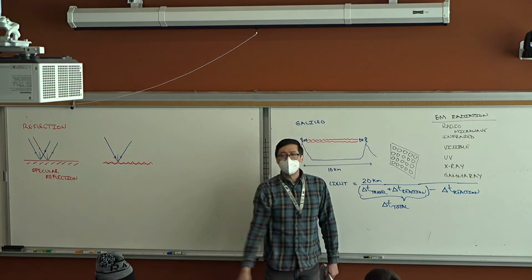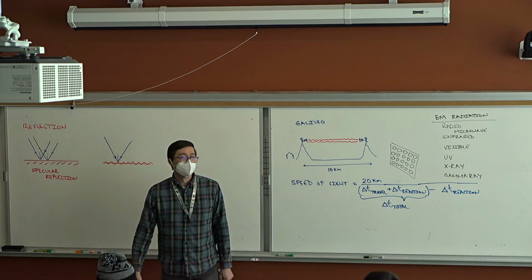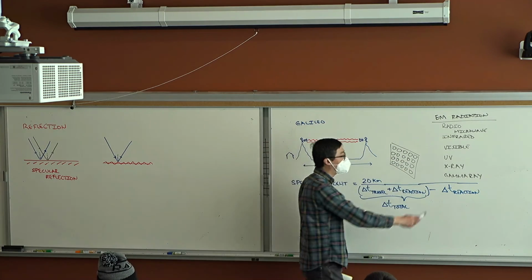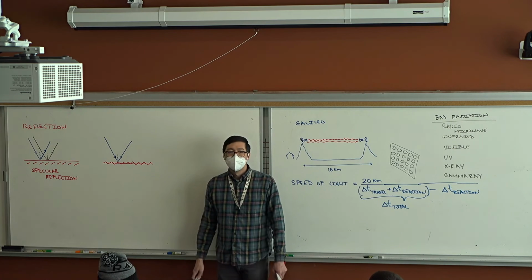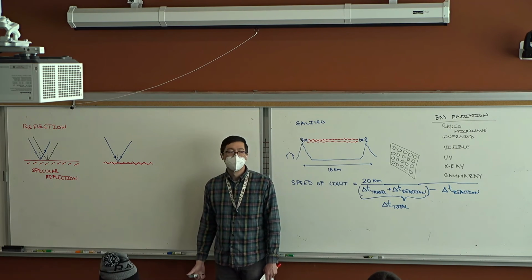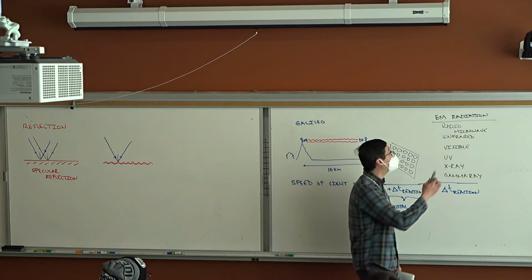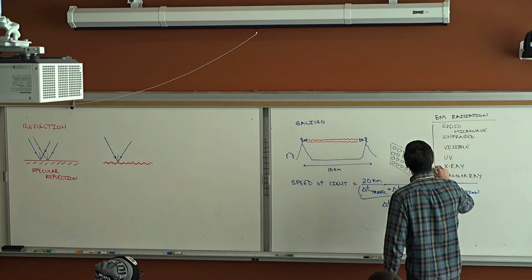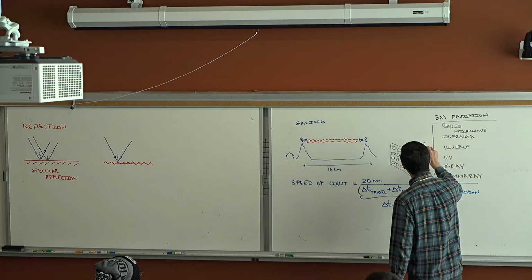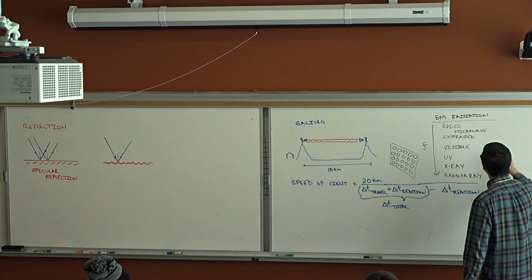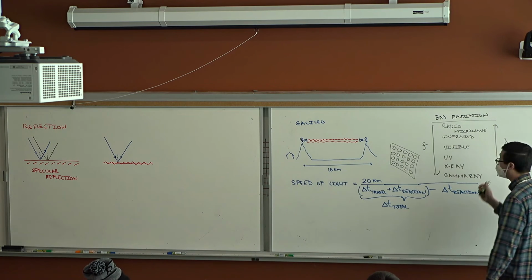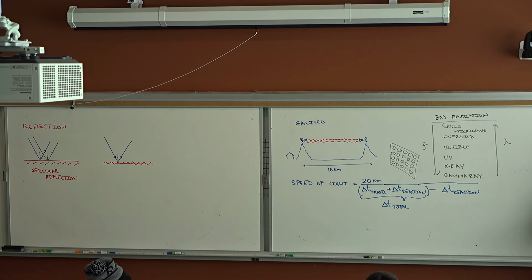Can anyone tell me what this order is as I go down the list? Which one is the strongest? Okay, nice. So frequency is increasing as I go down the list. Wavelength is increasing as I go up the list.